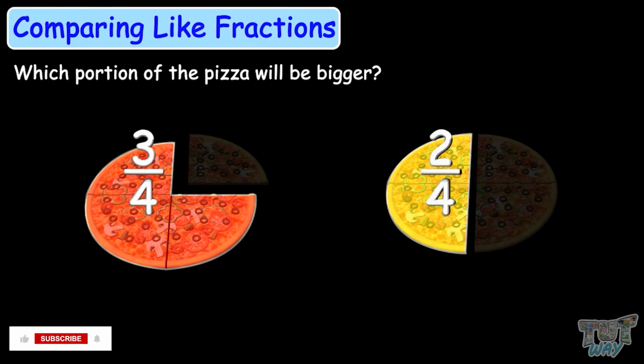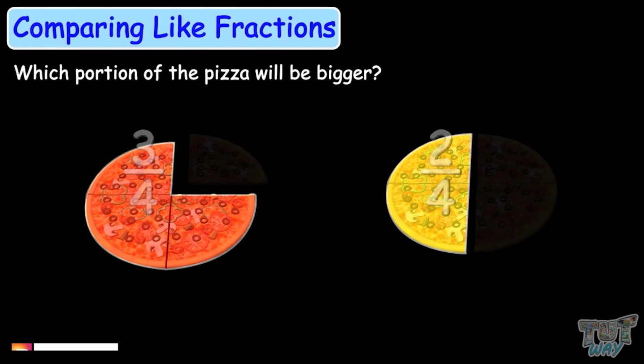Now, here comes a comparison of 3 by 4 and 2 by 4. We have to compare 2 portions of a pizza. 3 by 4 pizza or 2 by 4 pizza. Which portion of the pizza will be bigger?